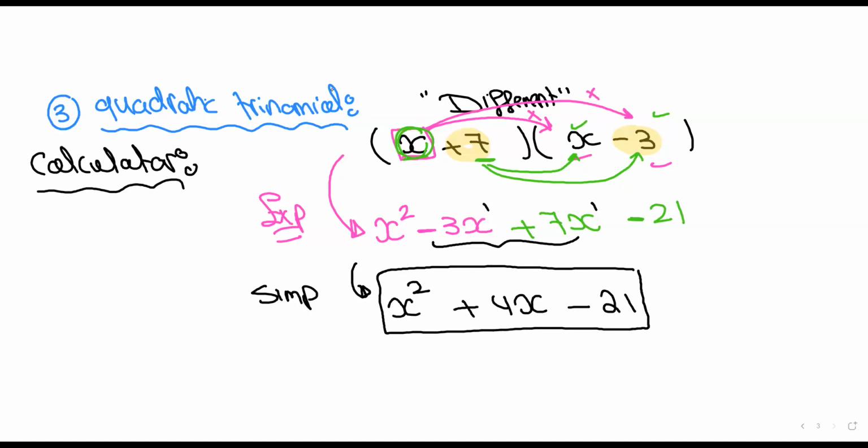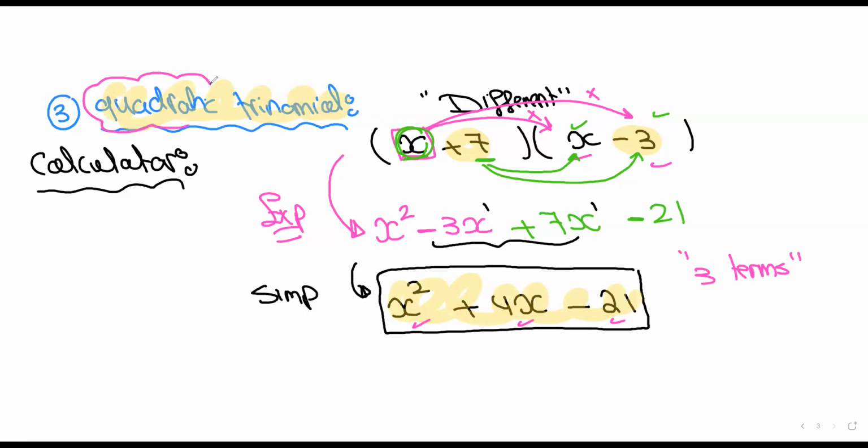This term over here is called a quadratic trinomial. Trinomial means that it has three terms.